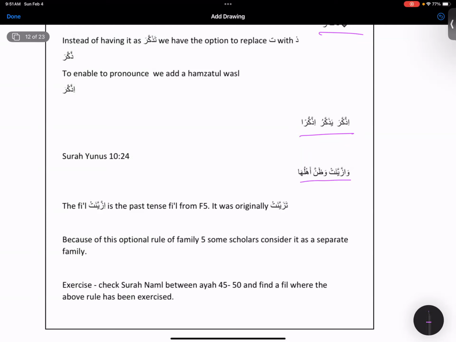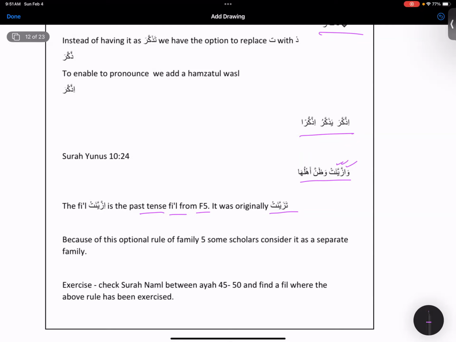So now, izzayyanat, the fail is the past tense, family 5, and it is originally zayyanat, but it has become izzayyanat. So whenever we see alif and then two shaddas, we can remember that this is family 5.